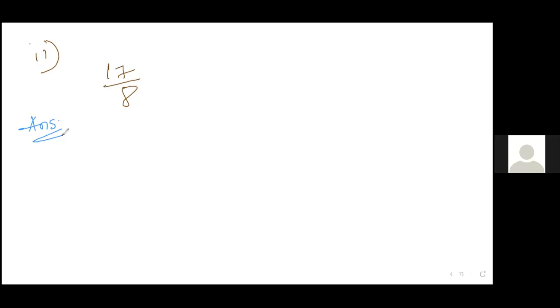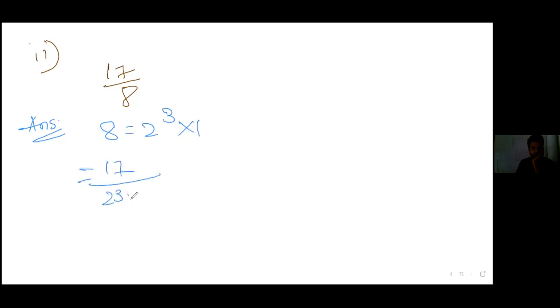Yes, it is terminating. Why? Because we can factorize 8 as 2 to the power 3 into 1. So 17 divided by 2 to the power 3 into 5 to the power 0. This is of the form 2 to the power n into 5 to the power m. So it is terminating.